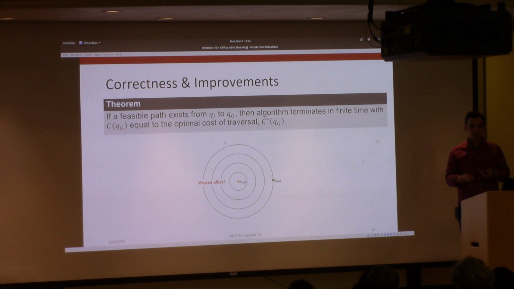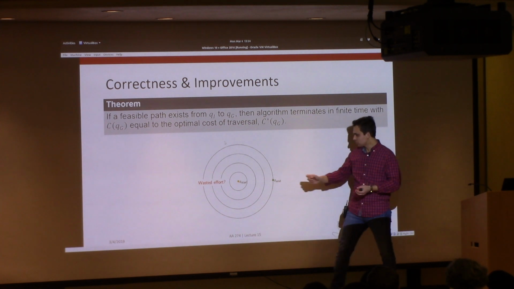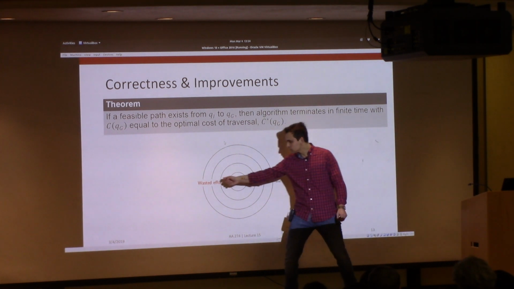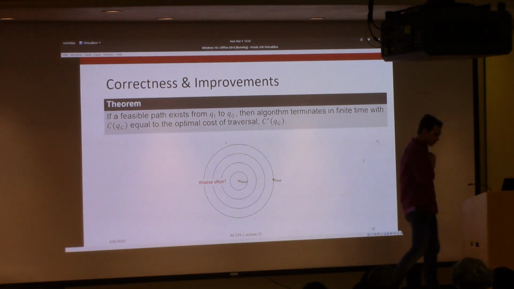We always extract the next vertex whose cost is the minimal one, and we haven't visited this vertex yet. Okay? So from the perspective of the priority queue, a vertex that is located here and here have the same priority. Okay?